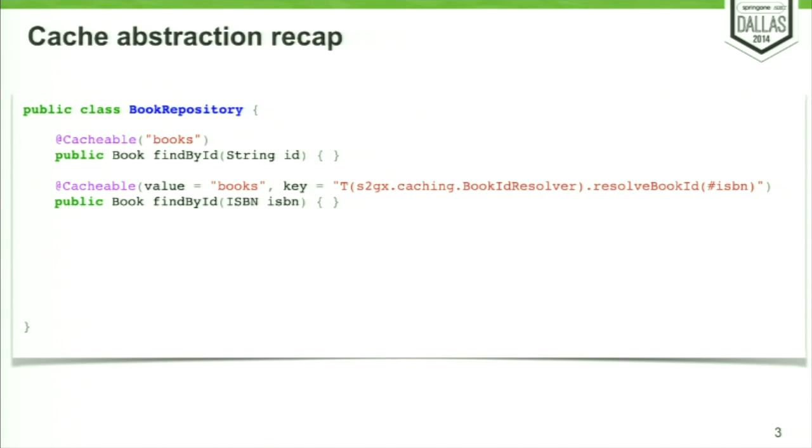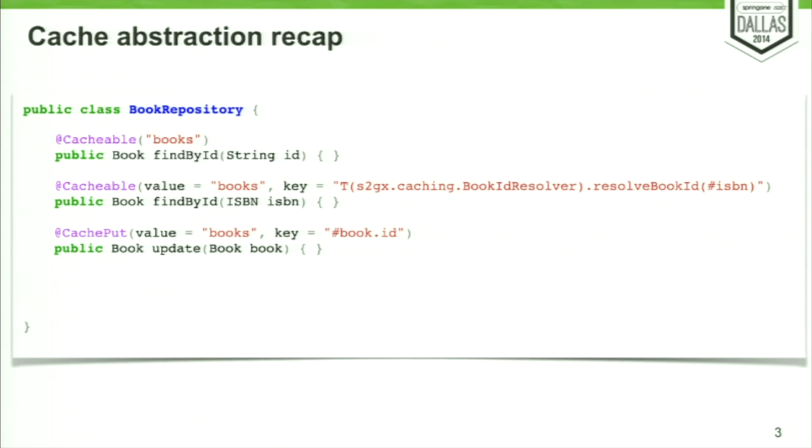There's a couple of flavors of doing this already. That's still Spring 3.1 plus. We can specify how to calculate the key, for example, with a SpEL expression. So that's a nice way of customizing or more specifically interacting with the cache.